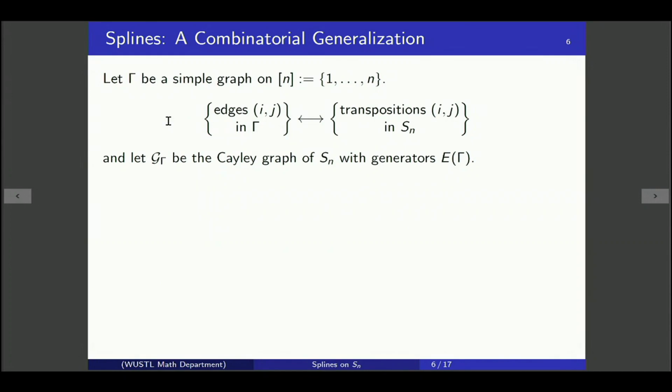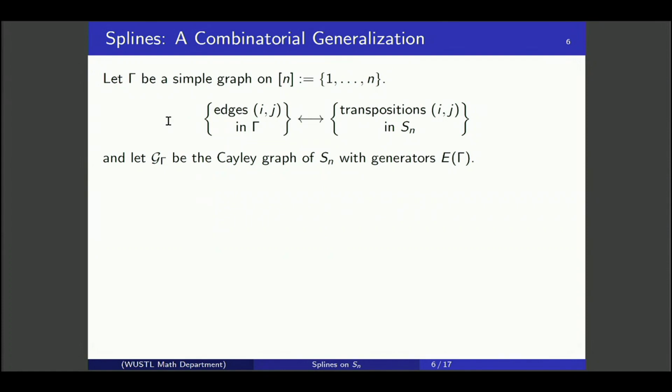Goal for me, what this project is kind of getting at, I want a combinatorial generalization. I don't want to need this construction to come from some T action on a subvariety of the flag variety. So what I'm going to do is I'm going to get a simple graph on 1 through n, and I'm going to conflate the edges, ij, with transpositions, ij, in the symmetric group.